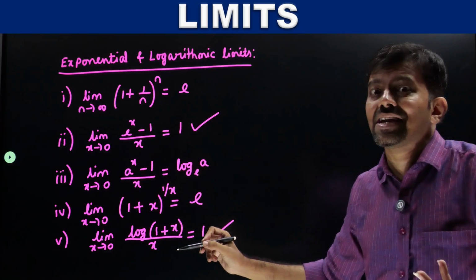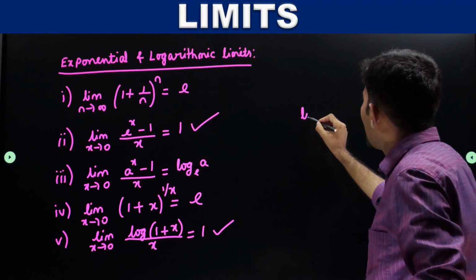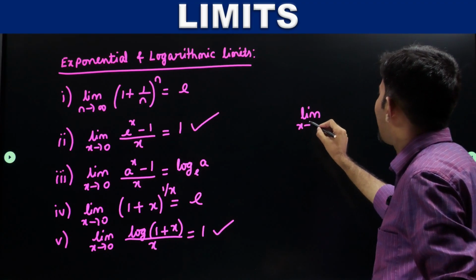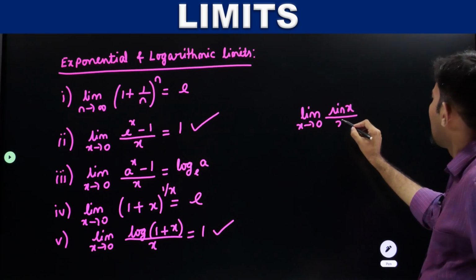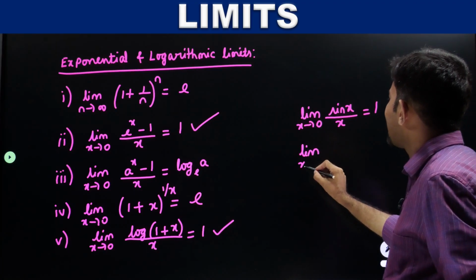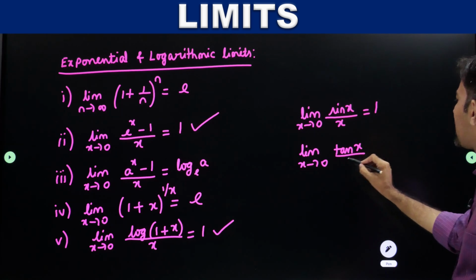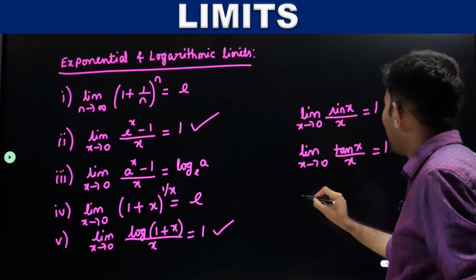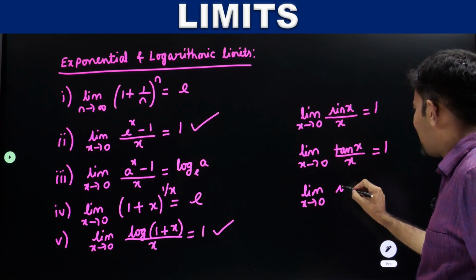And also in trigonometry we had limit x tends to 0, sin x by x is 1, and tan x by x is 1. Where there is 1, I'll combine all those things and write one result where you can answer directly.